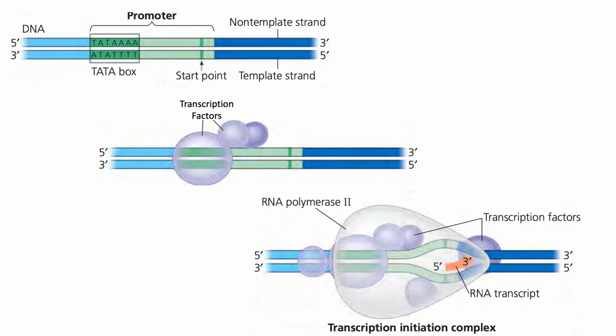Then more transcription factors bind to the DNA along with RNA polymerase, forming the transcription initiation complex. RNA polymerase then unwinds the DNA double helix, and RNA synthesis begins at the start point on the template strand.